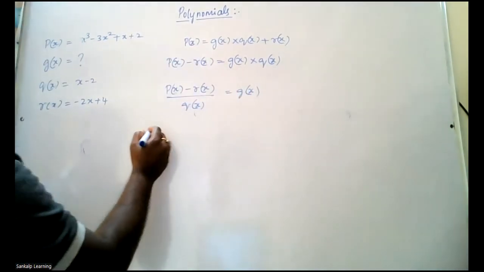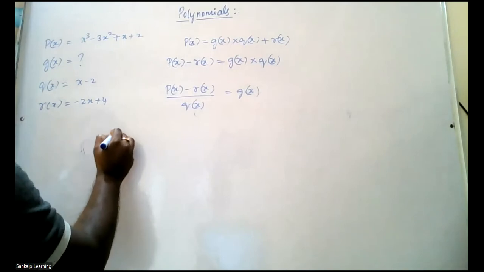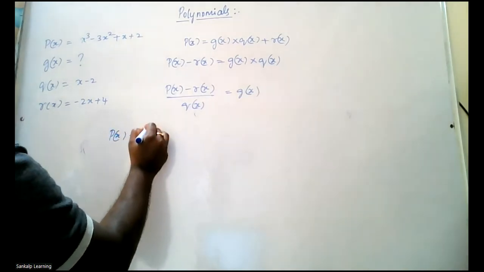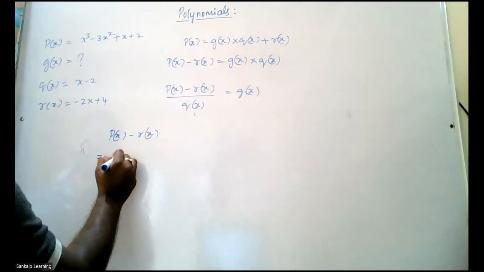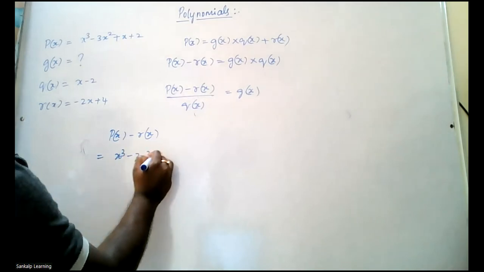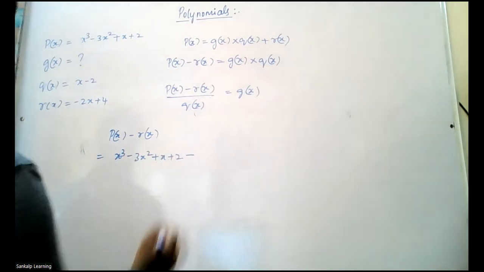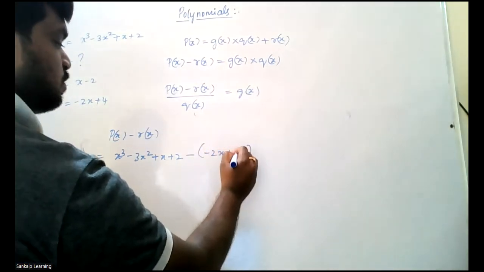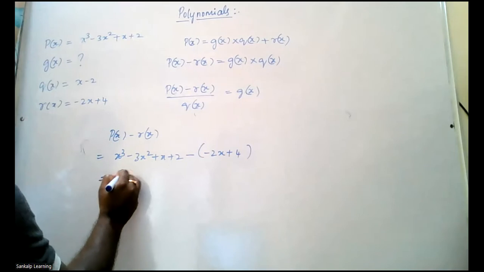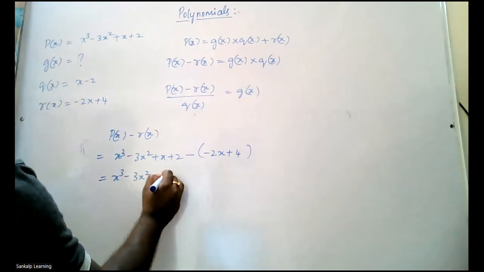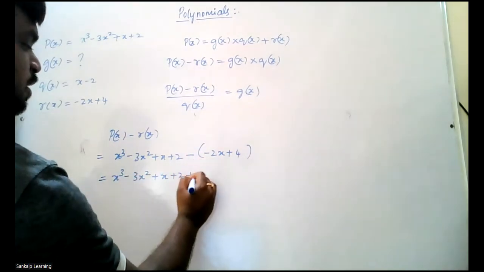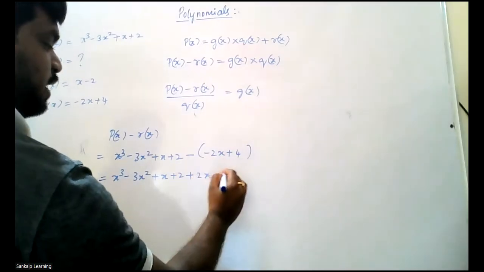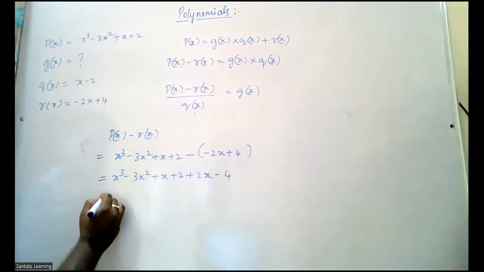First, let's subtract p of x minus r of x. So p of x minus r of x will be equal to x cube minus 3x squared plus x plus 2 minus, there are two terms, therefore let's put a bracket, minus 2x plus 4. Okay, x cube minus 3x squared plus x plus 2, minus into minus is plus 2x, minus into plus is minus 4. So let's simplify this.